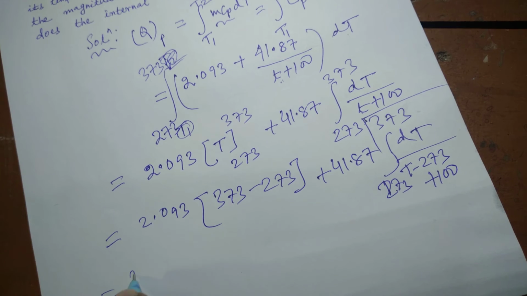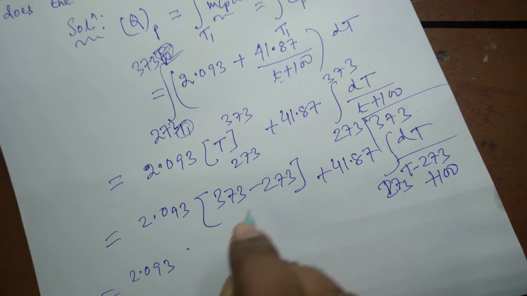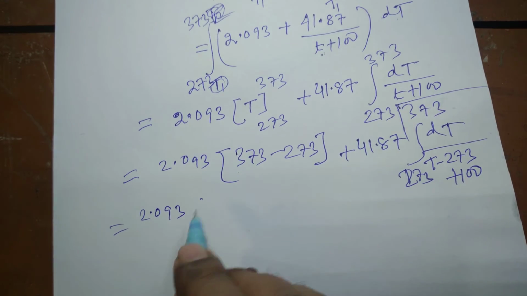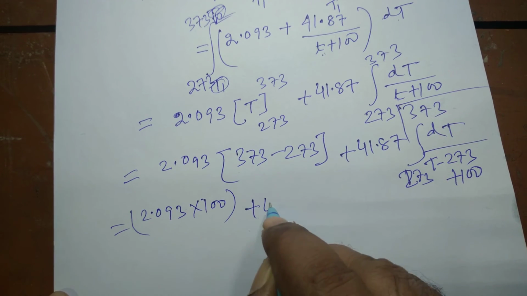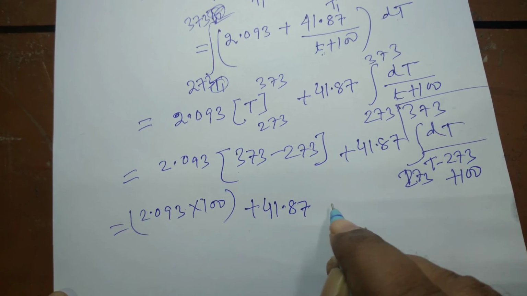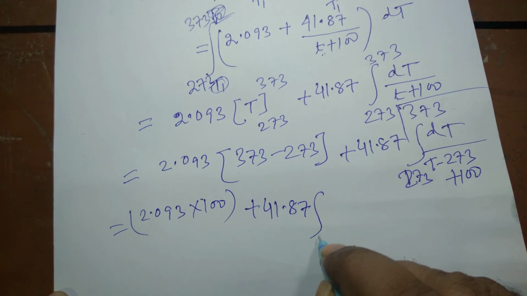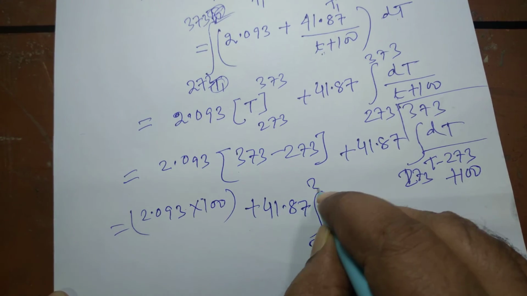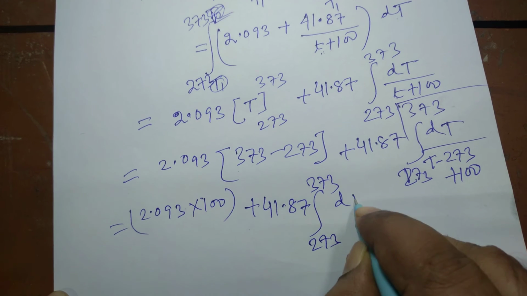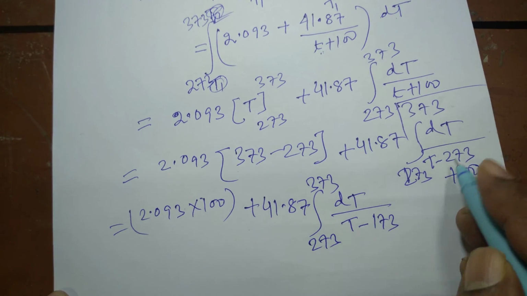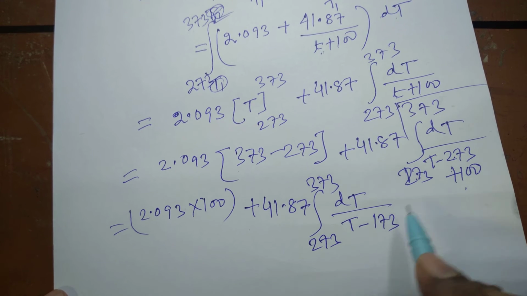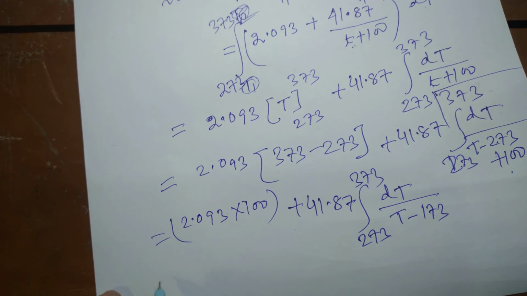This is 2.093 into 100 (373 minus 273) plus 41.87 dt divided by t minus 173. Minus 273 plus 100, that is t minus 173.